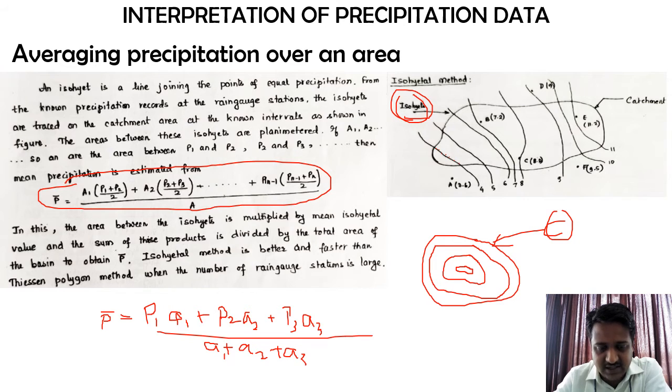How are we going to relate this generalized equation with this one? In each of these we have A1, A2, A3, and similarly here also we have A1, A2 and A3. Now this P1, we usually consider as one individual parameter. But whenever it comes to this isohyetal method, what we need to do is, for example, what I am hatching out right now.